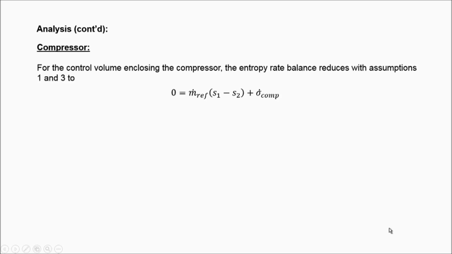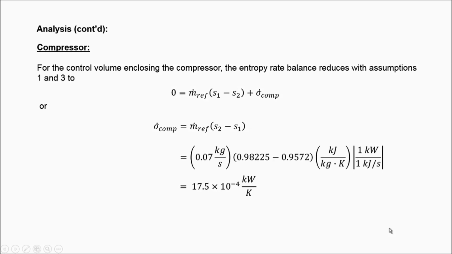Now, for the control volume enclosing the compressor, the entropy rate balance reduces with assumptions 1 and 3 to the following. 0 is equal to m dot refrigerant times S1 minus S2 plus sigma dot of the compressor. Solving for the entropy production in the compressor, we get sigma dot compressor is equal to m dot refrigerant times S2 minus S1.